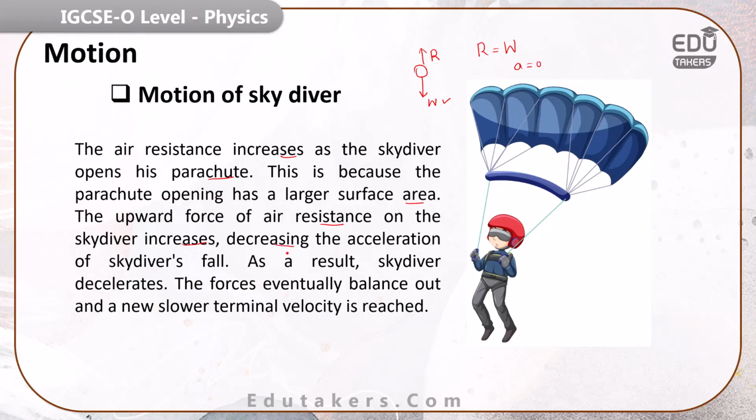Initially the body is accelerating and then the acceleration becomes equal to 0. Of course it decreases to the value of 0. As a result, the skydiver decelerates because its speed decreases. The forces eventually balance out, meaning that the weight and the air resistance become equal and a new slower terminal velocity is reached. When the air resistance and weight become equal, the body attains the terminal velocity.